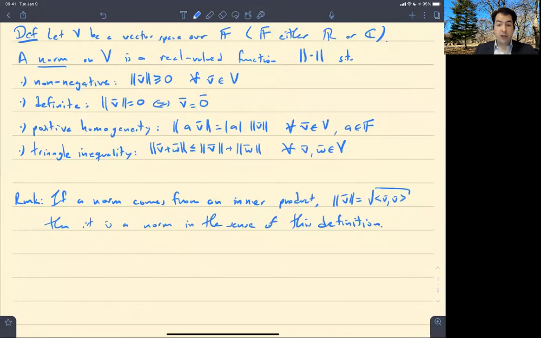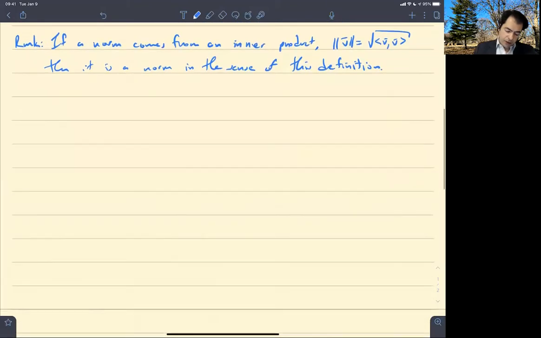Okay, so the things we've been calling norms are norms with respect to this definition, which they had better be, or else we were defining things wrong. And then here are our first couple of examples. These we're going to show in a little while do not come from an inner product, but you'll see they're very natural ways of measuring the size.